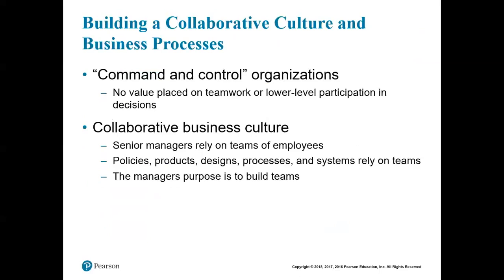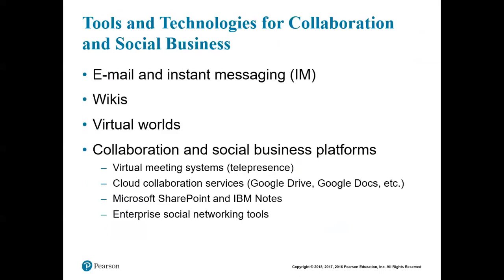We really talked about culture already, so let's look at tools. Email and instant messaging, wikis. Be careful of wikis because we can't guarantee their accuracy. In virtual meeting places, telepresence was one of the interactive topics for this chapter.